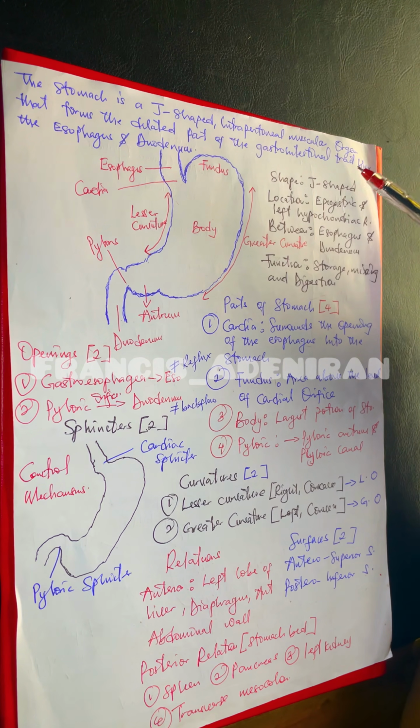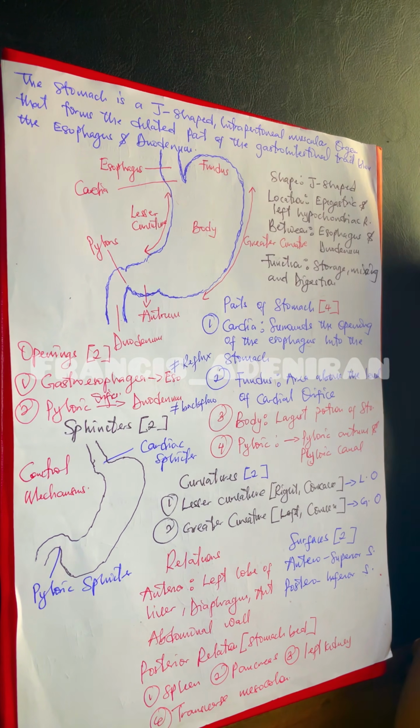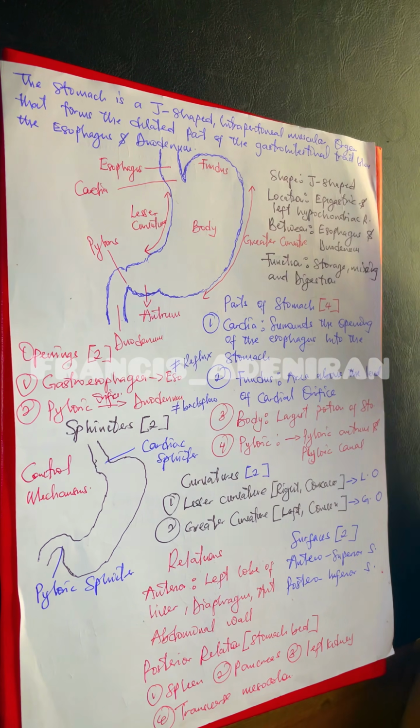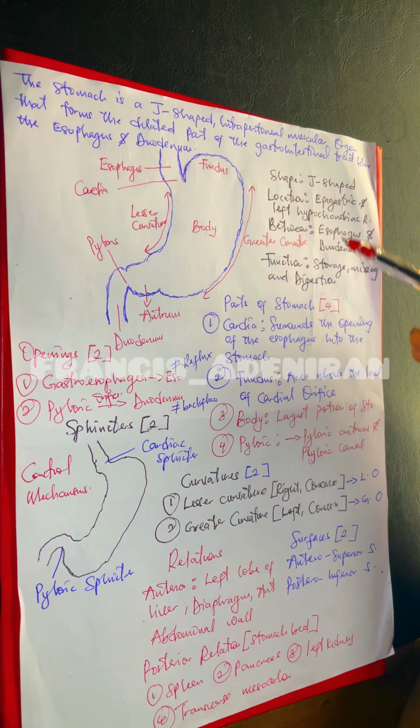So let's talk about the openings that can be found in the stomach. Essentially, there are 2 openings in the stomach. The first one is the gastroesophageal orifice, while the second one is the pyloric orifice. Having said that, let's move to sphincters. What are sphincters? Sphincters are control mechanisms in the body, and in the stomach we can find 2.